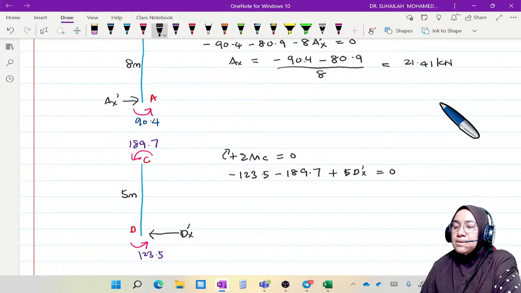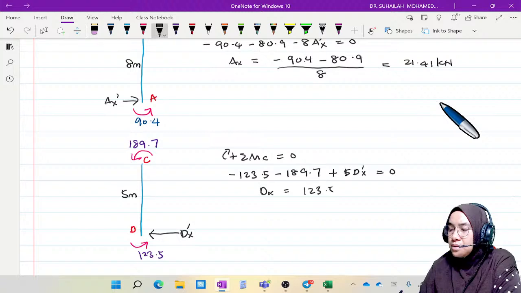Then we will get dx equal to 1 to 3.5 plus 189.7 divided by 5.